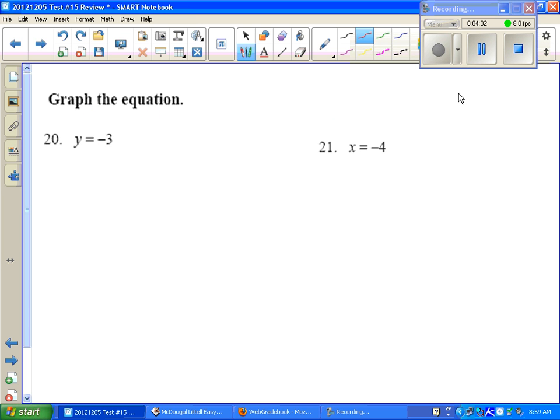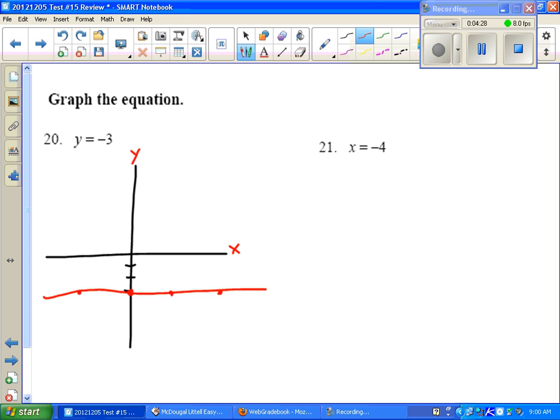Number 20, these two are really simple to graph. y equals negative 3 and x equals negative 4. So when you're looking at your graph, and we've been learning for several months now, this is our y-axis and this is our x-axis. It says where y's value is negative 3, that means we're going to go down 1, 2, 3 and put ourselves a point. If y's value is always negative 3, it's going to be negative 3 no matter what x value we plug in, positive or negative.